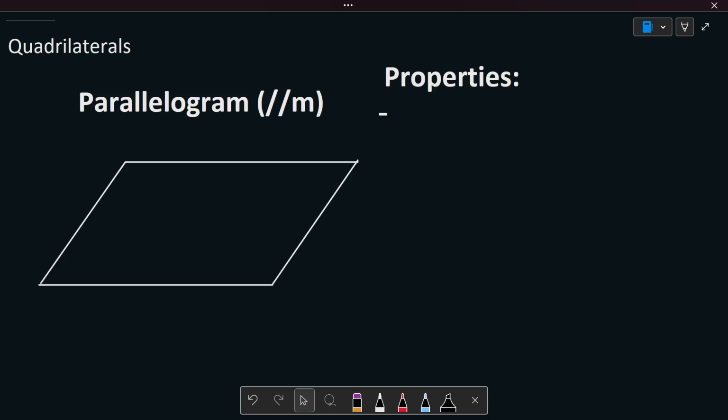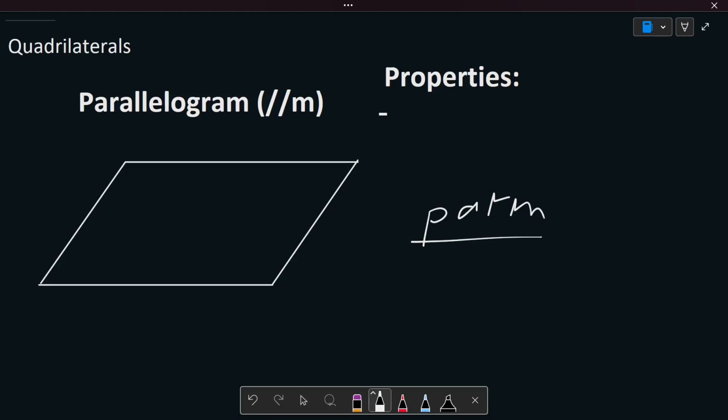So here we have a parallelogram. And in brackets, I showed how you can actually write it. Whenever you're doing reasons, you either say the parallel symbols, with the M obviously over here, or you can say parm, P-A-R-M.